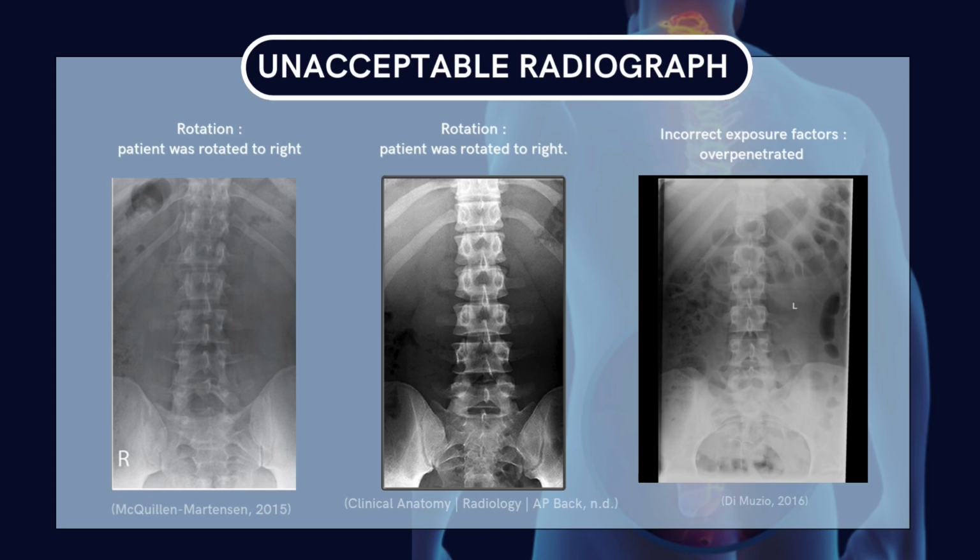Why? Because for contrast, we cannot see the thin structure, which is the transverse process, but we can see the thick structure, which is the pedicles. This indicates the radiograph is overpenetrated. Hence, the kVp needs to be decreased by 15%.